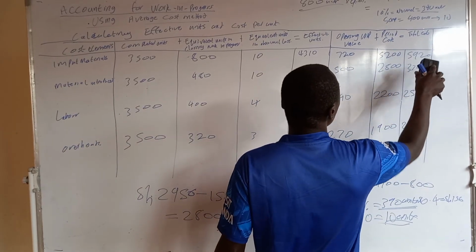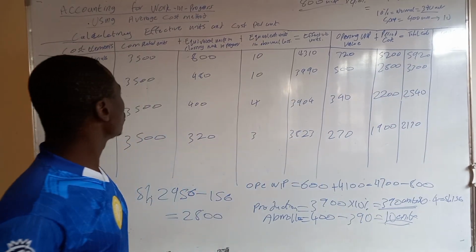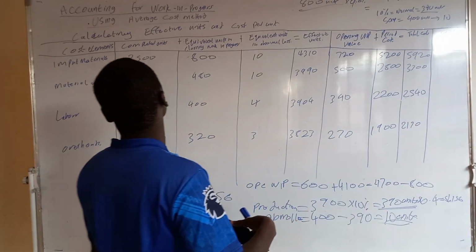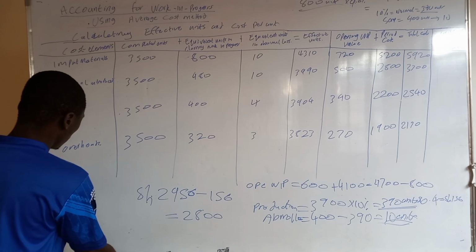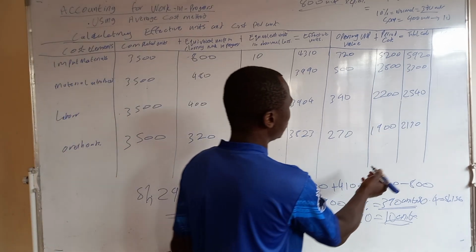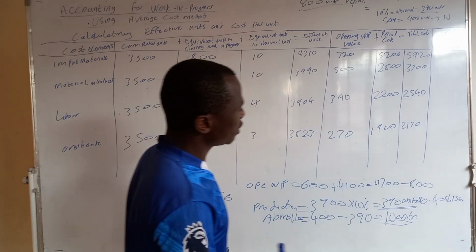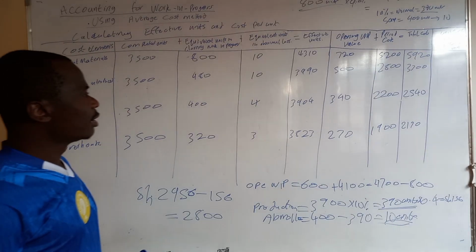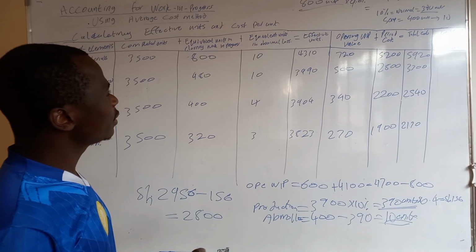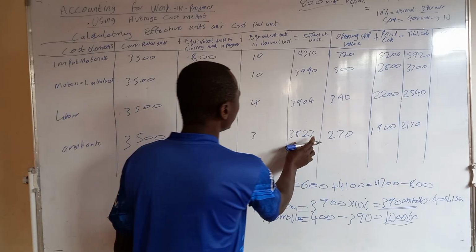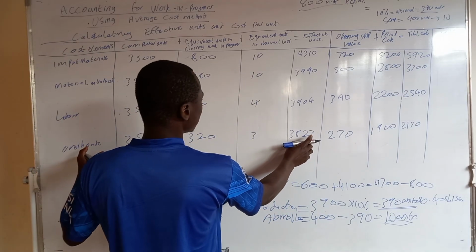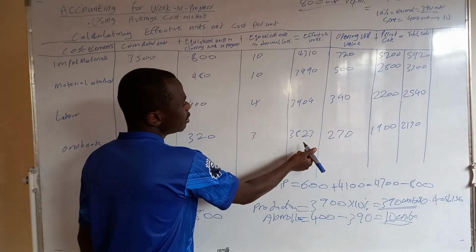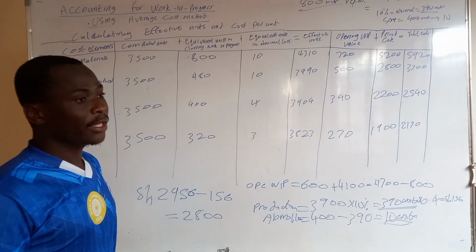The same applies to the cost of material introduced, and to the cost of input materials. Overheads cost us 2,170. Now we are looking at the equivalent effective units.